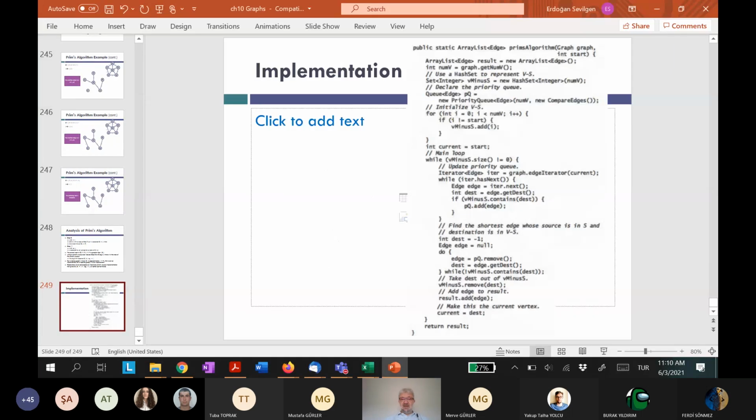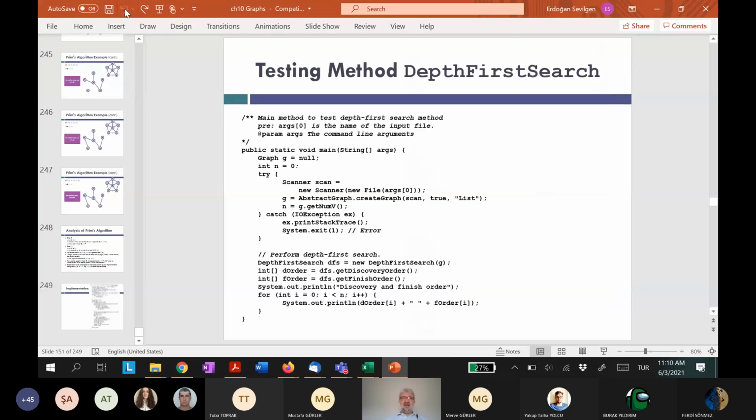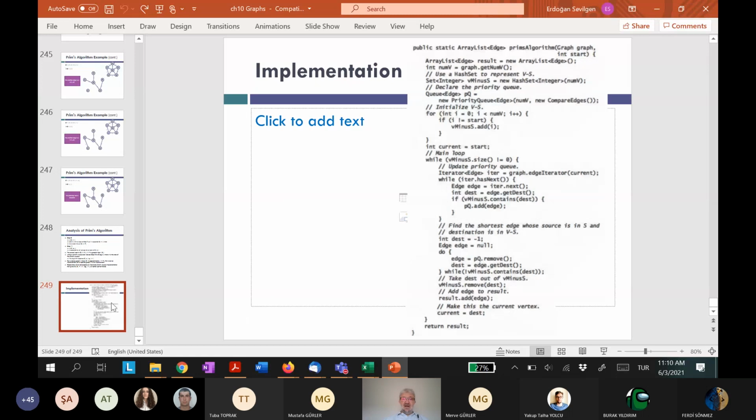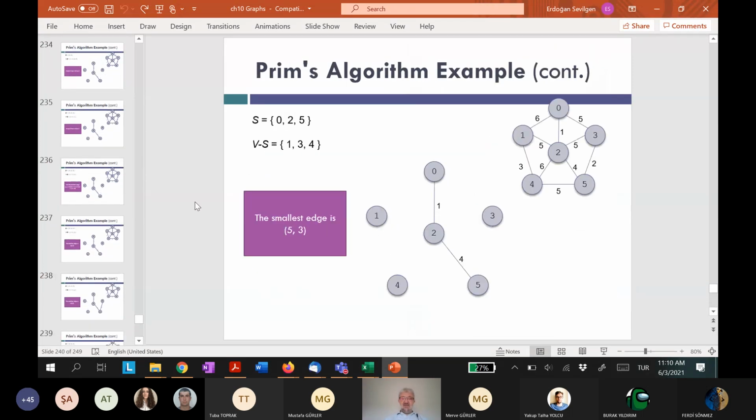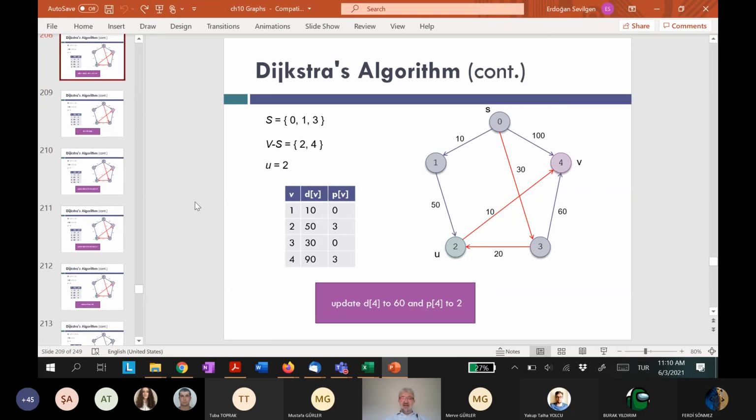Oops, I made a mistake. This is Prim's algorithm. I'm not going to go into detail of this, so let me go back.